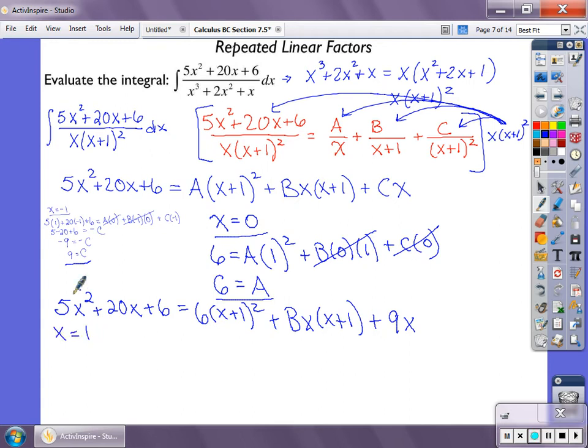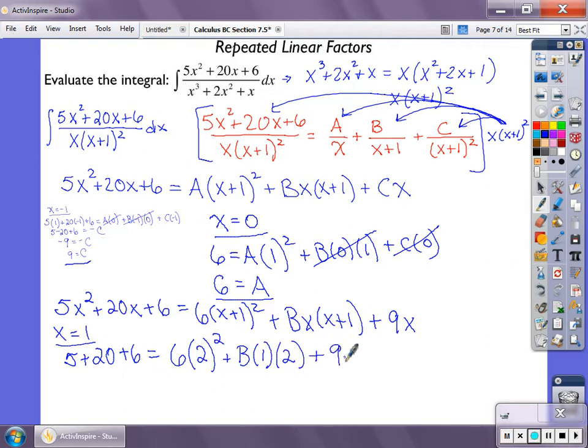So we'll have 5 times 1 squared is going to be 5, plus 20 times 1 is 20, plus 6 is equal to 6 times 1 plus 1 is 2 squared, plus b times 1 plus 1, plus 9 times 1.